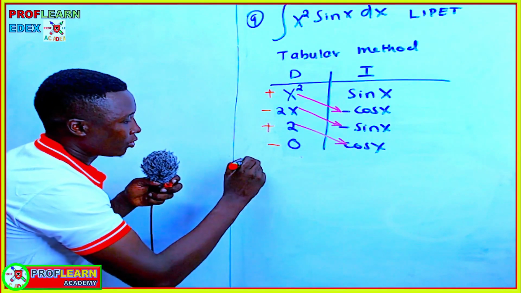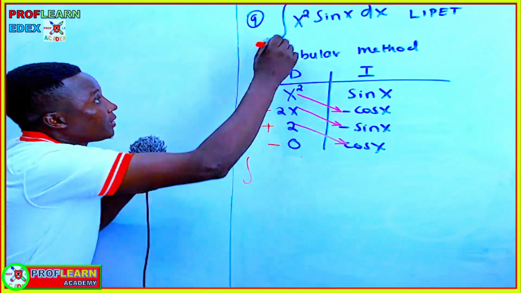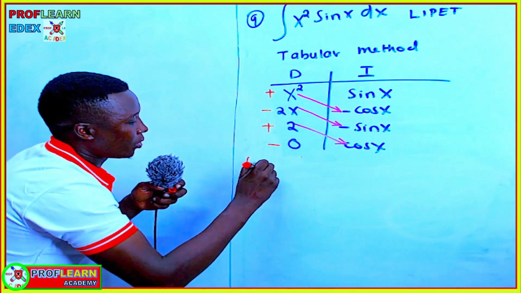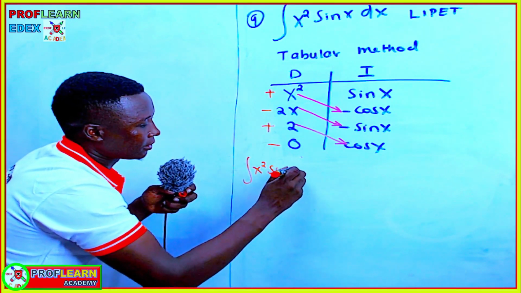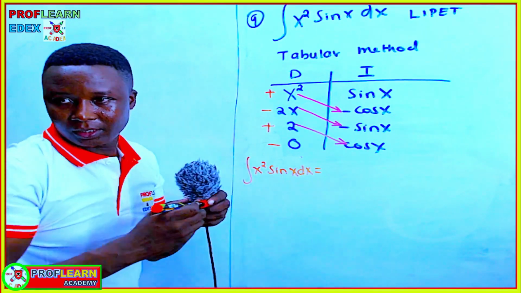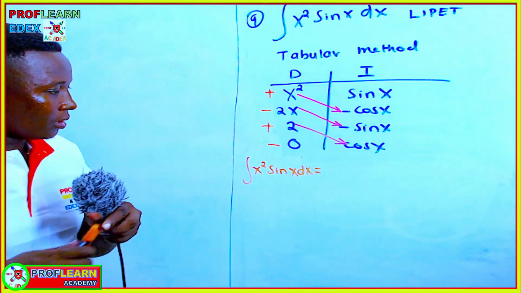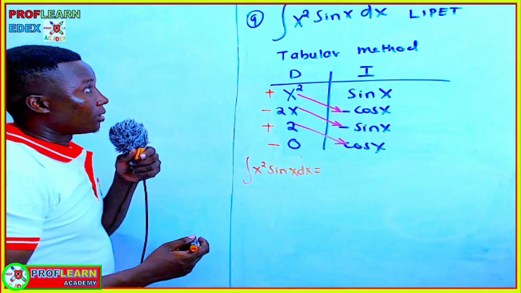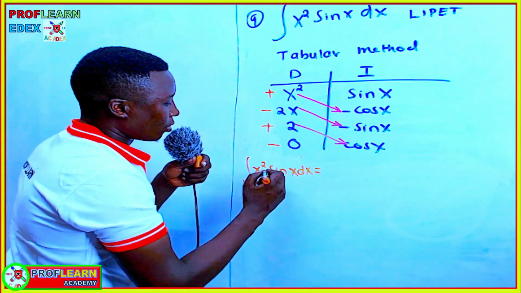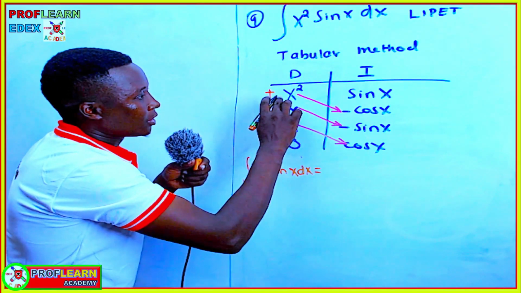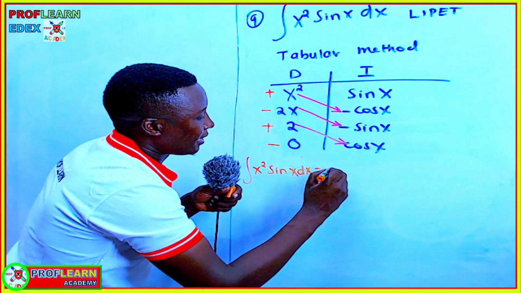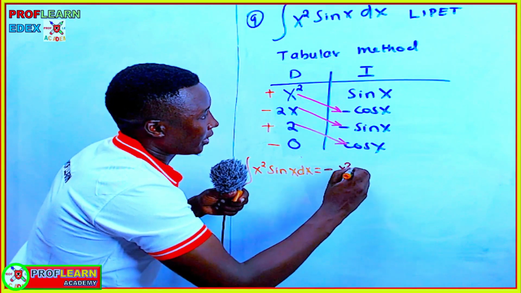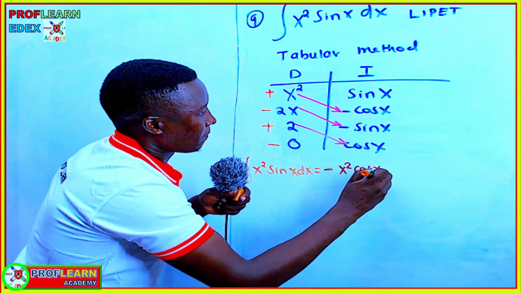So meaning you are going to have the integral of x squared sine x with respect to x equal to, like that, x squared sine x. This part times this part is going to be negative x squared cos x, right?